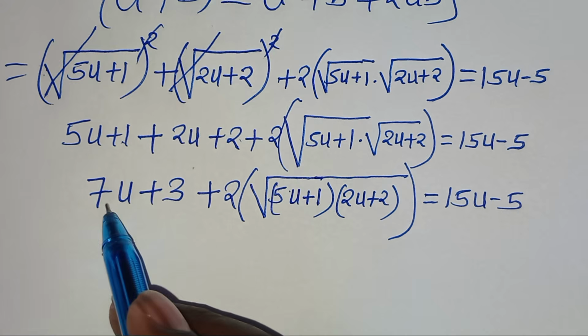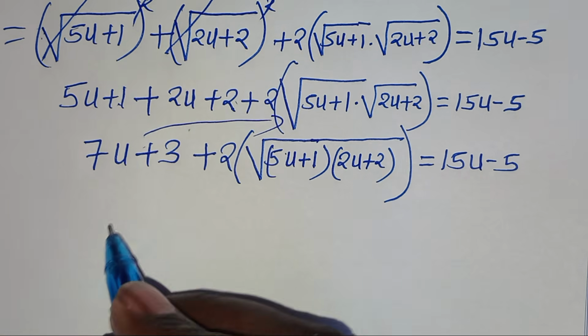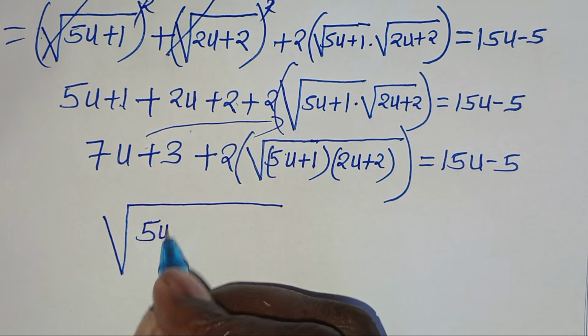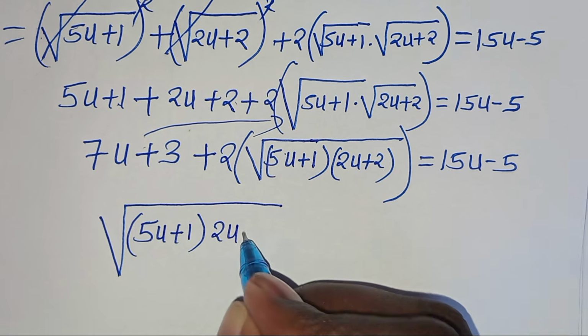Now let's take 7u plus 3 to the right hand side. So on the left hand side we have the square root of 5u plus 1 multiplied by 2u plus 2.